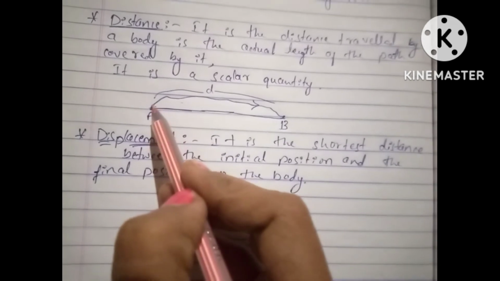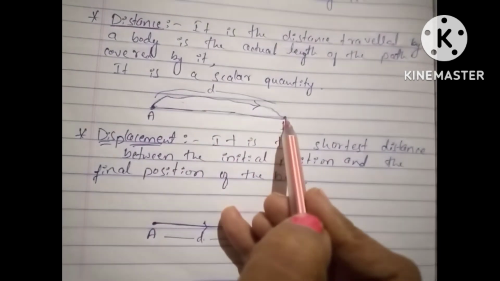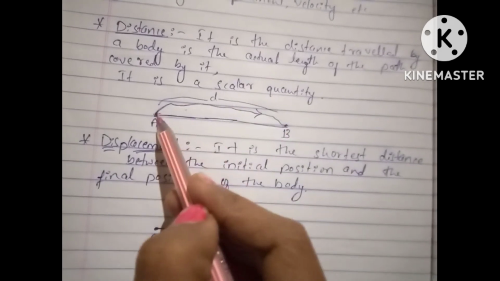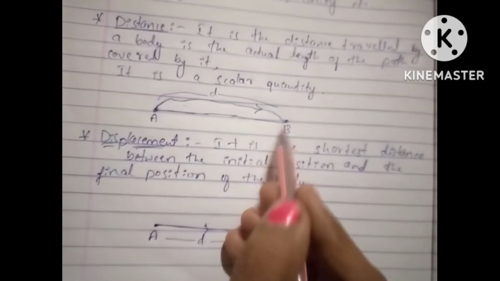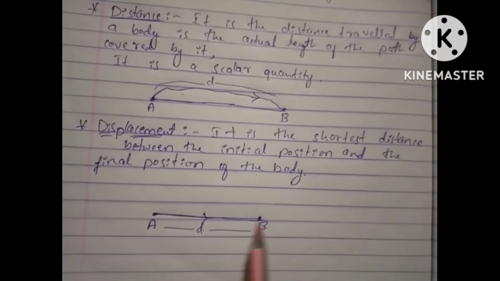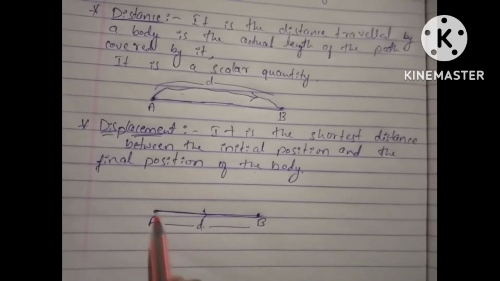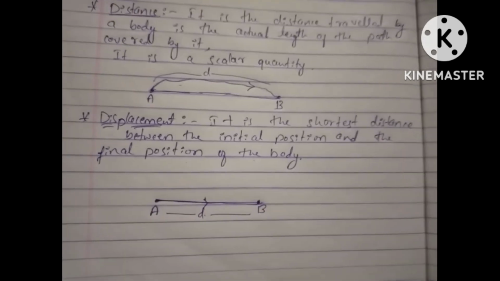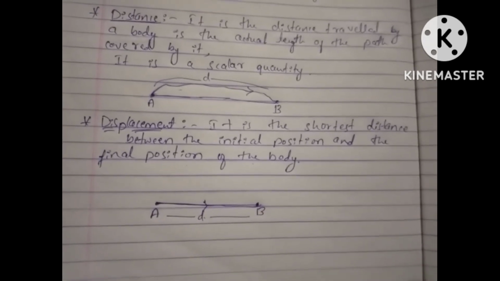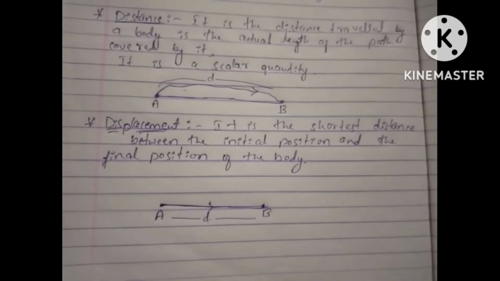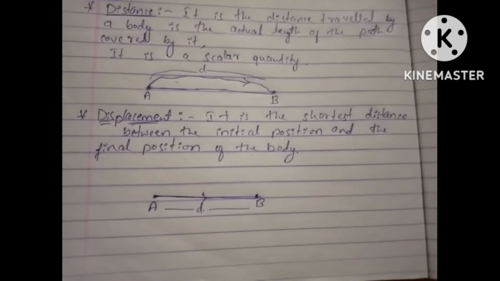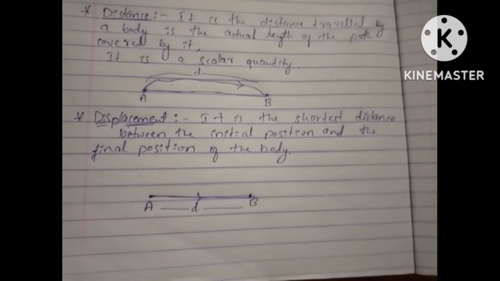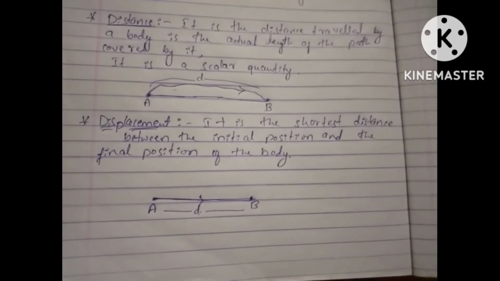Here, this is the total path traveled by a body, and this is called as distance, and this is the shortest distance traveled by a body, and this is called as displacement. Distance is the total length traveled by a body, and displacement is the shortest distance traveled by a body.